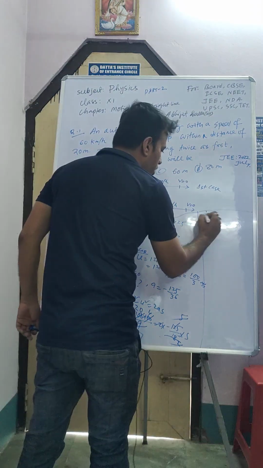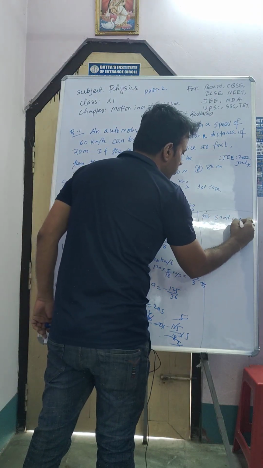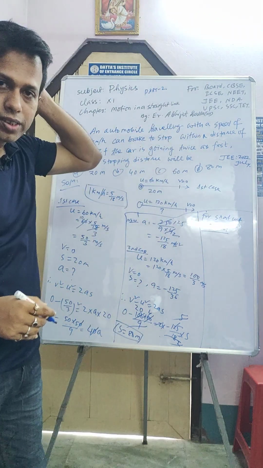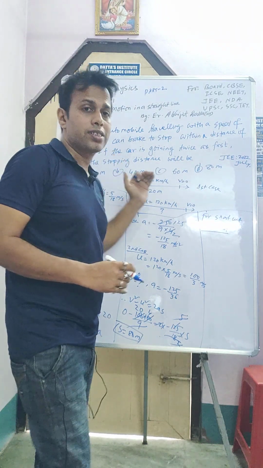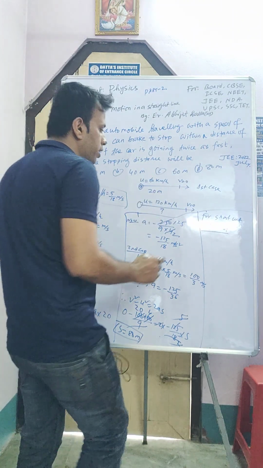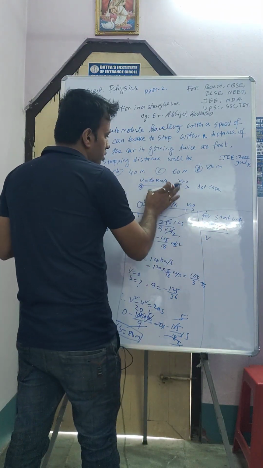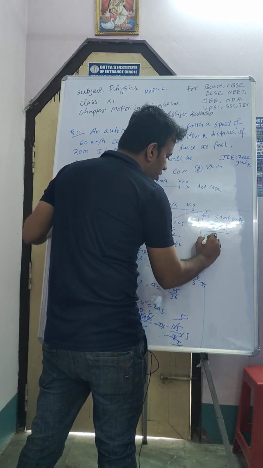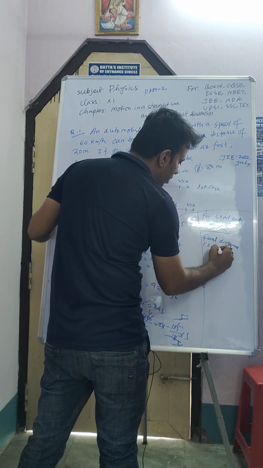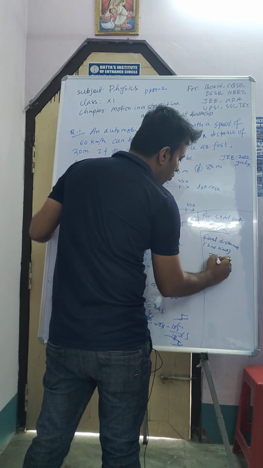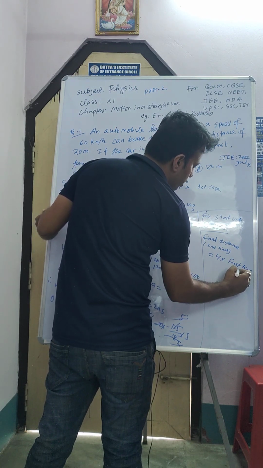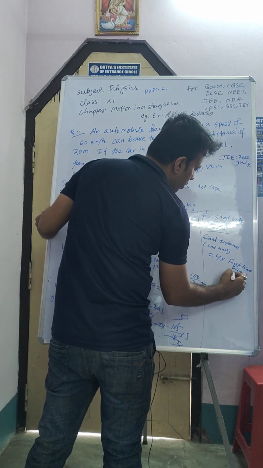Now for the shortcut method, what do we have to do? If the same car is traveling at twice the previous velocity, then the final distance, or second time distance, is equal to 4 into the first time distance, or initial distance.